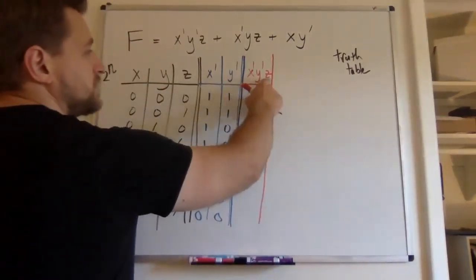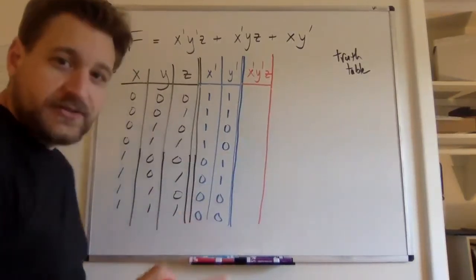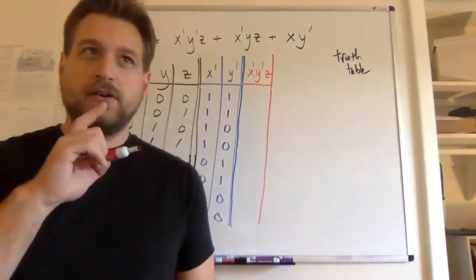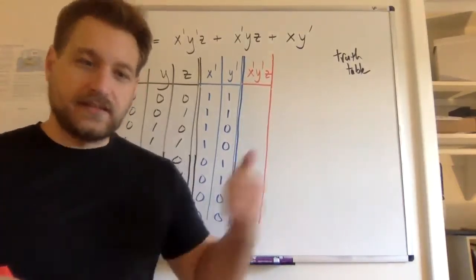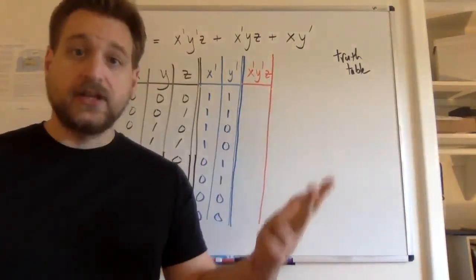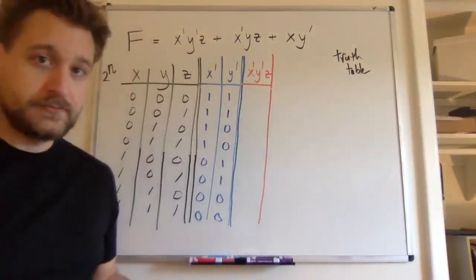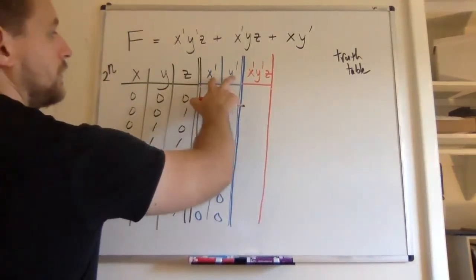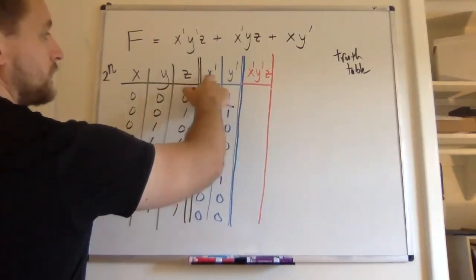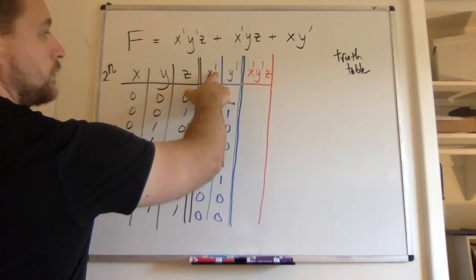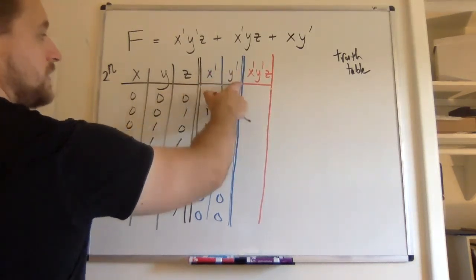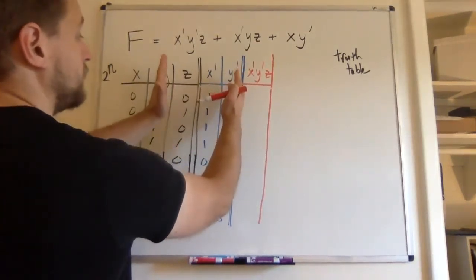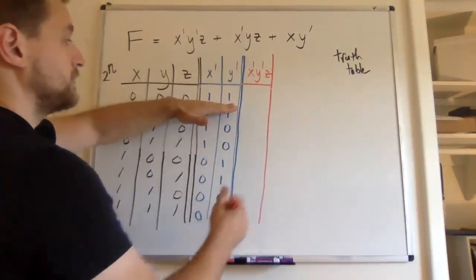So this logical expression asks the question, is it true that all of these values, this and this and this, are all true? X, not y, z. So we're looking at these three columns in our truth table, and we need all 3 of them to be 1.